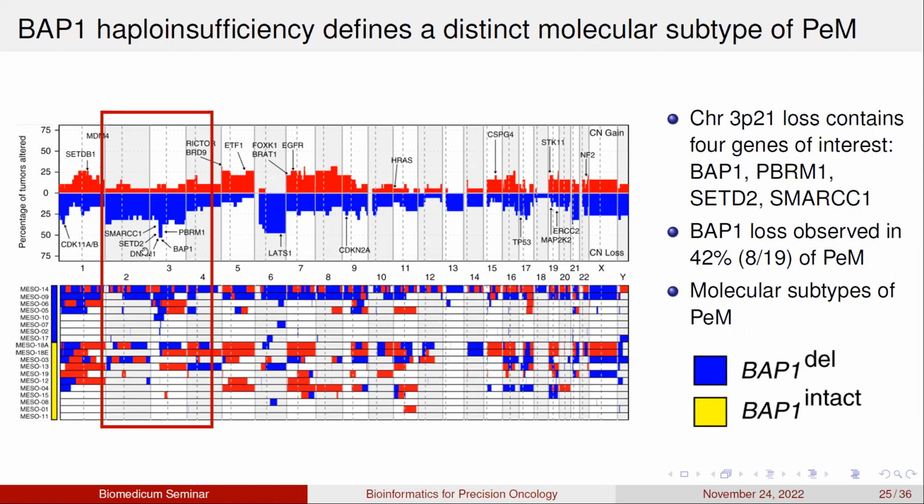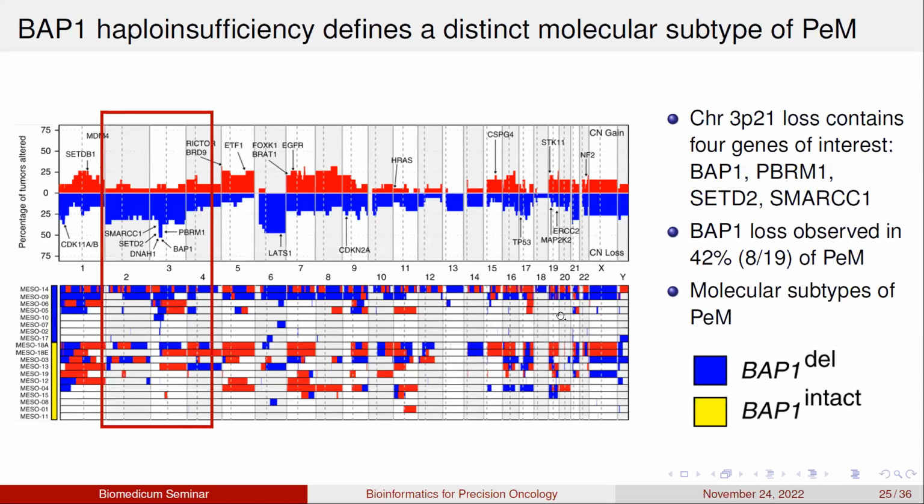And in this study, I will present several pieces of evidence that indicate that patients which have deletions of the BAP1 gene, or this chromosome 3p21, form a distinct subtype of peritoneal mesothelioma.